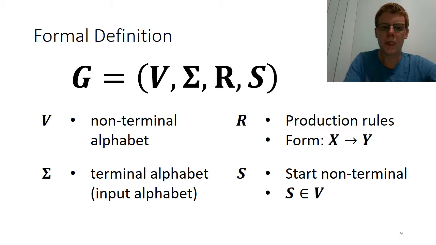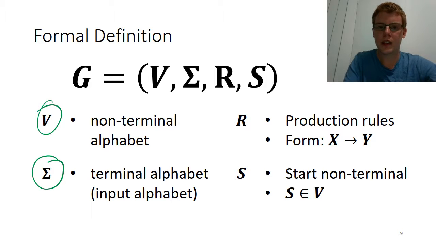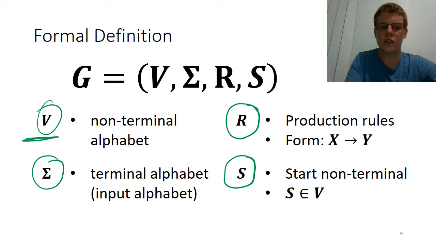So to sum up, we first have our non-terminal alphabet V, our terminal alphabet or input alphabet sigma, our set of rules, which is actually the most important part of the grammar, and a start non-terminal, which is one of the symbols from the non-terminal alphabet, kind of like the start state in a finite state machine.